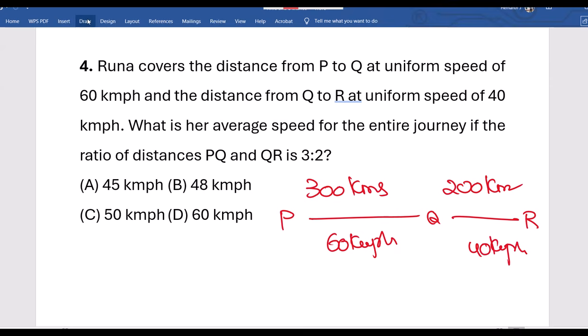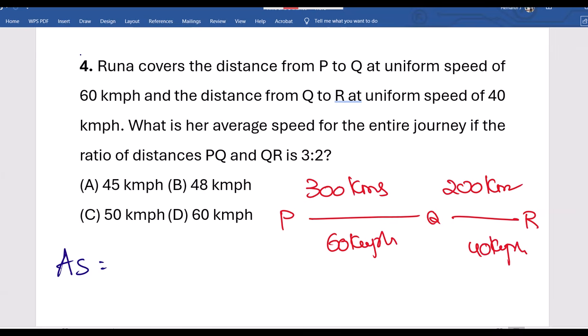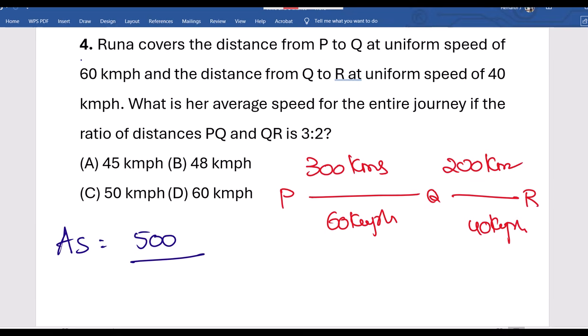See, no formulas, nothing. What is average speed now? What is the total distance? 500. Timing. First distance 300 with 60. Next distance 200 with 40. Here 5 hours. Here 5 hours. Answer 50 km per hour.